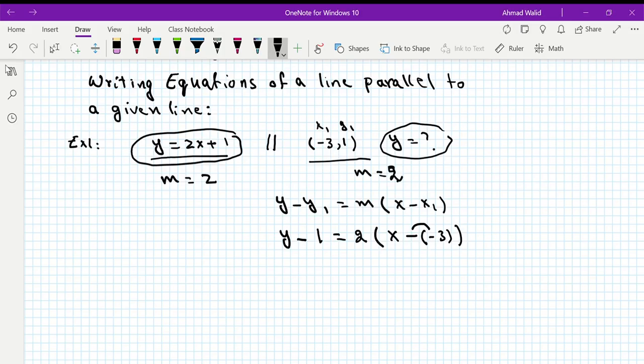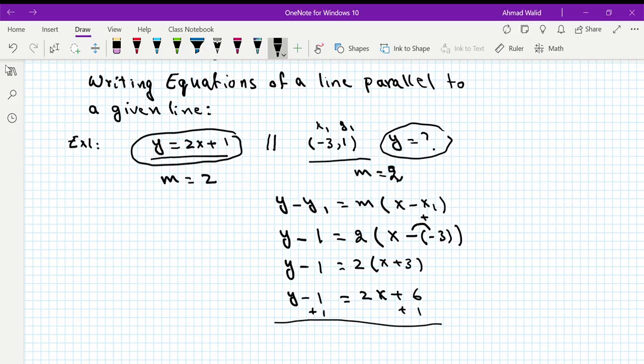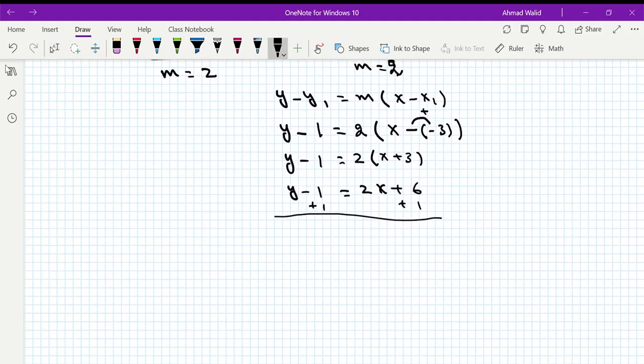Correct? Double negative again gives you positive. Y minus 1 equals 2 times x plus 3. Distribute 2. Y minus 1 equals 2x plus 6. Add 1 to both sides. Y equals 2x plus 7, the equation of the second line.